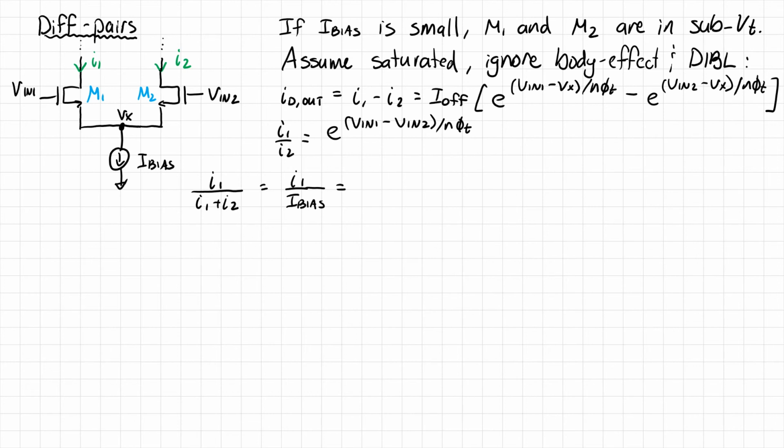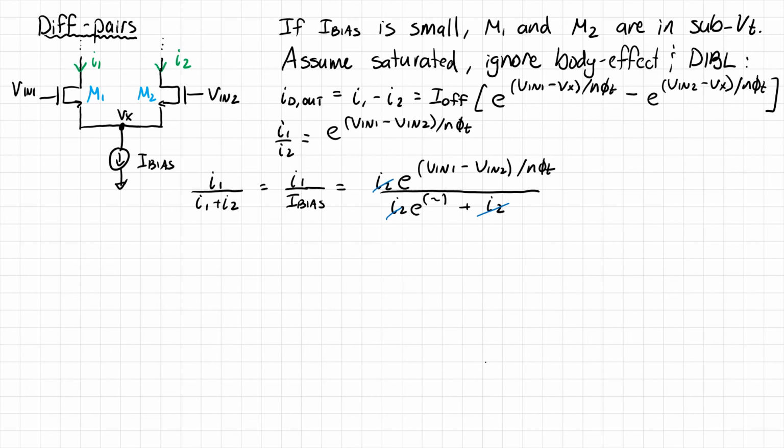So I1 is actually just equal to I2 times e to the (V in 1 minus V in 2) over n phi t, divided by I2 times e to the, well, you get the idea, plus I2 itself. Naturally these I2s cancel.